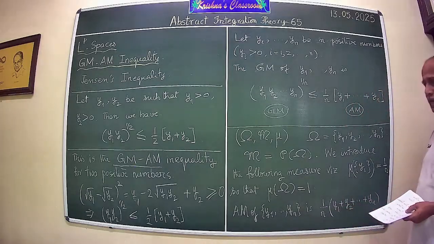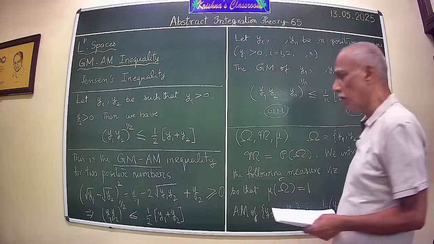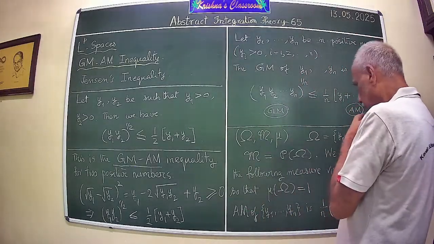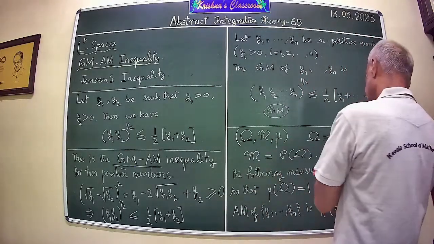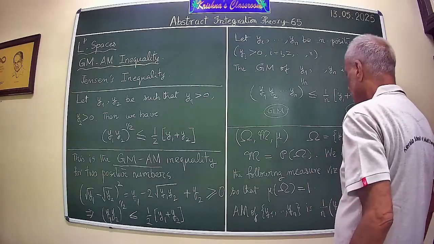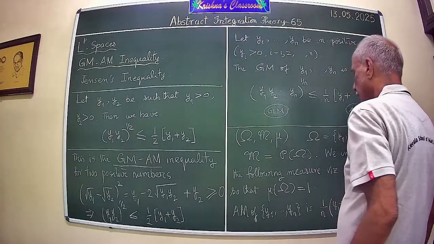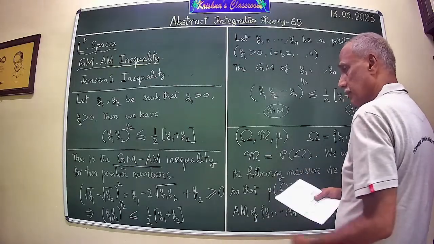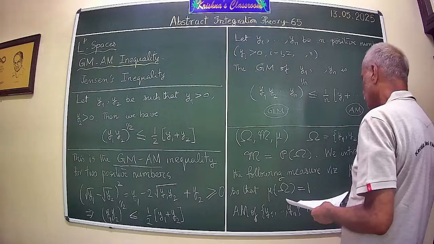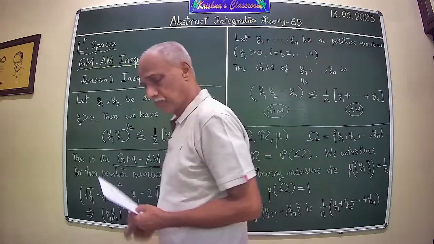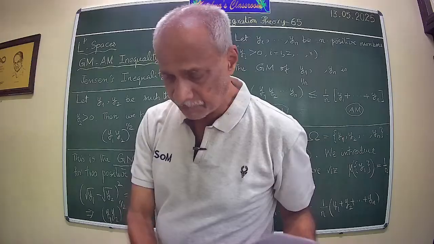Now this can be rewritten as an integral in the context of the measurable set, the set omega and the measure that we have introduced on that. Let us see how this is done. That's our first task.